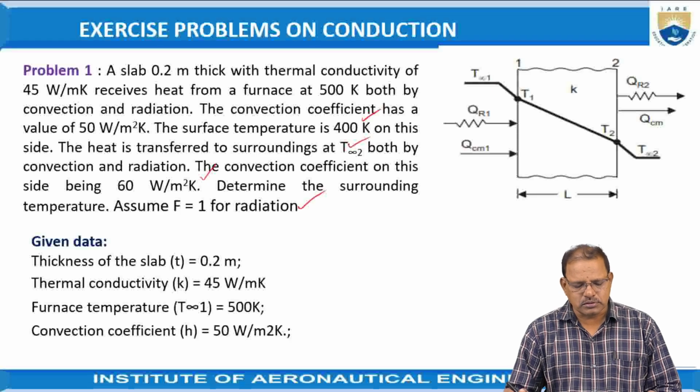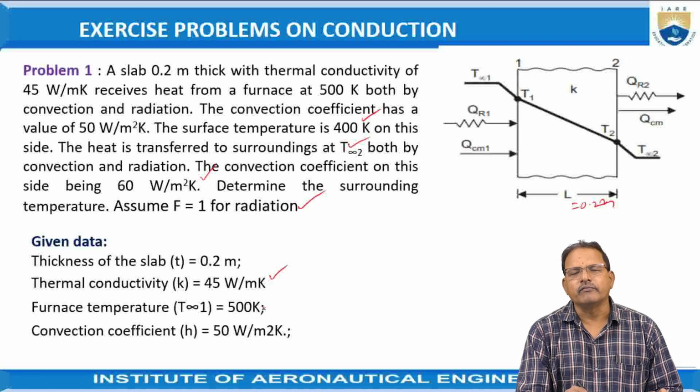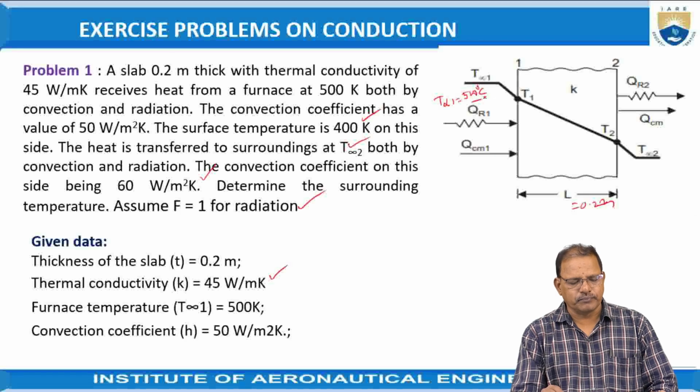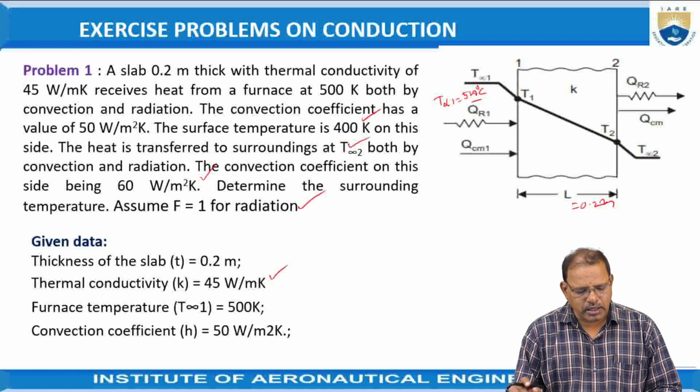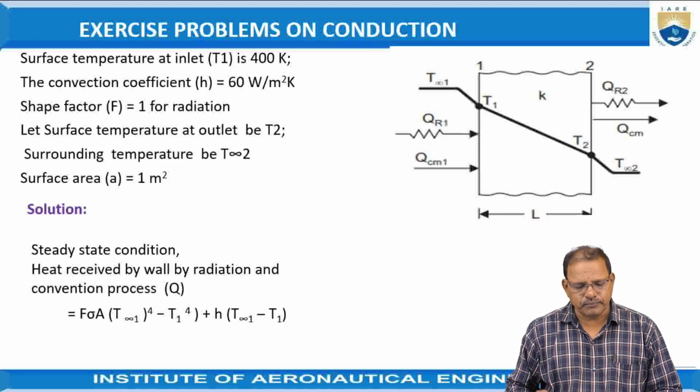The thickness of the slab is given, L equal to 0.2 meters. Thermal conductivity of the wall is K equal to 45 watts per meter per degree Kelvin. Furnace temperature is given here as 500, that means T alpha 1 is equal to 500 degrees. And h is equal to 50 watts per meter square per degree Kelvin.